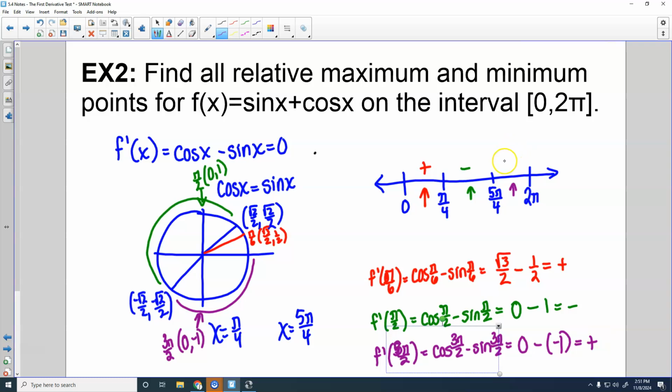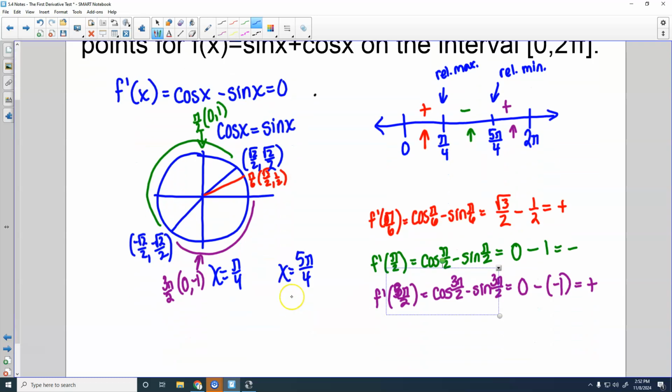So you've got a positive here. Is everybody okay here? All right, so what type of extrema do we have at pi over 4? That is a relative maximum because you are switching from positive to negative. What about at 5 pi over 4? Relative minimum.